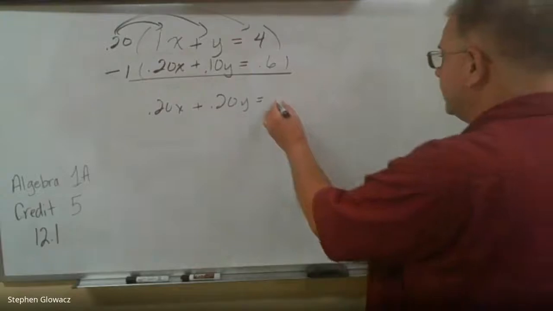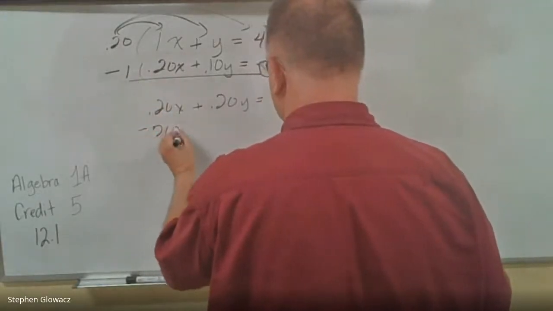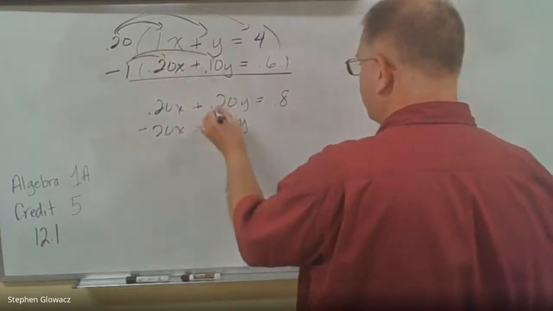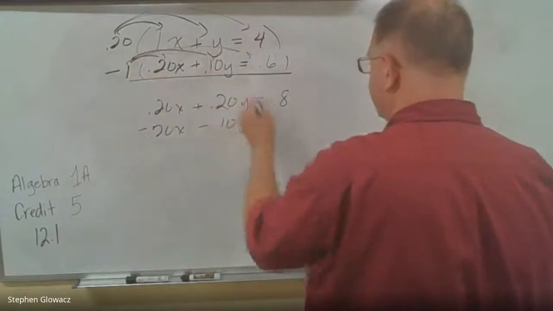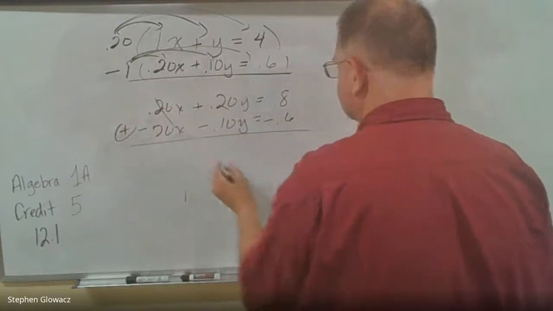Yes, 0.8. And then down here, multiplying by -1, we get negative 0.20x, negative 0.10y, and negative 0.6.